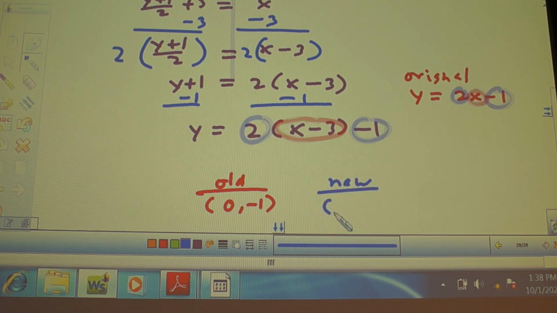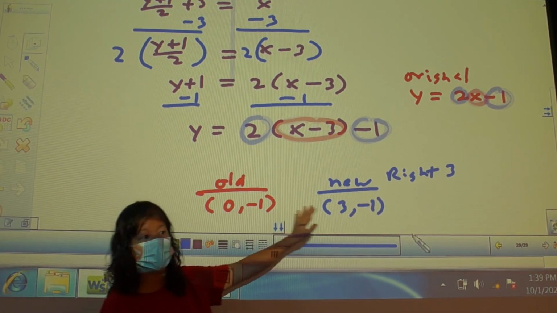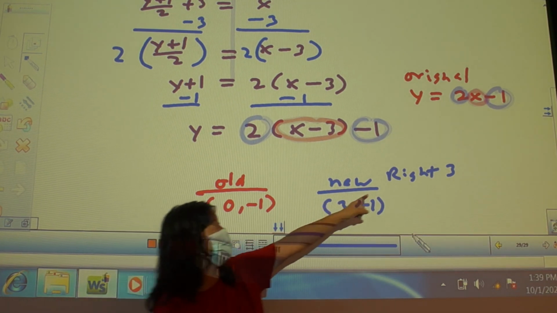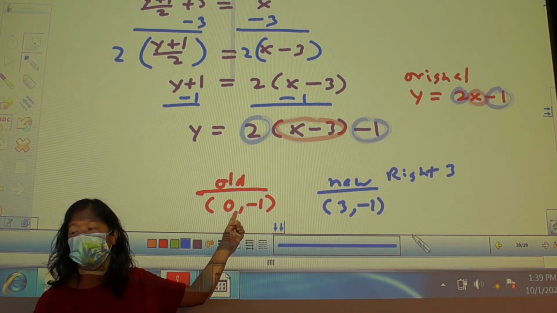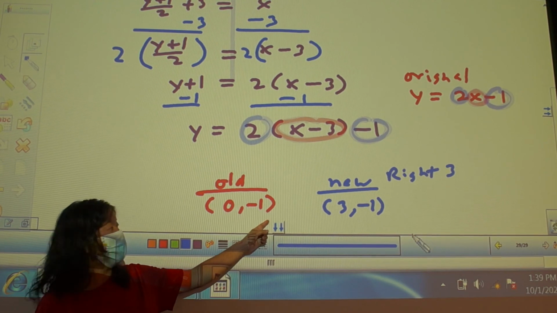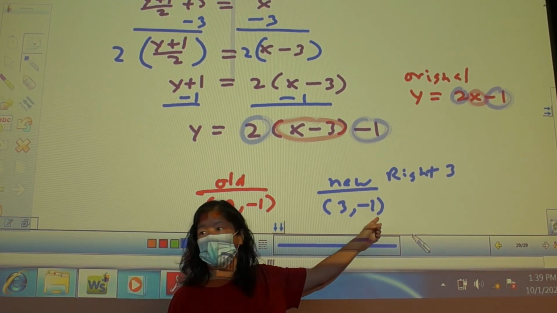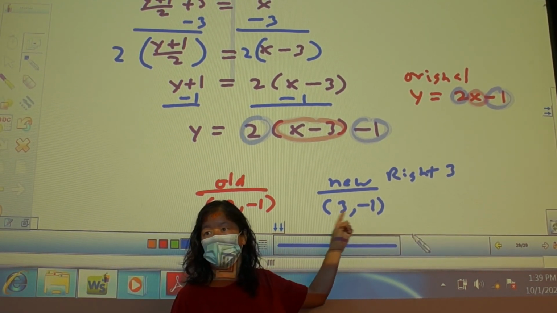If I go to the right 3, right 3 should be 3 comma negative 1. Do you guys understand what I'm saying? If I'm shifting to the right 3, my old one was 0, negative 1. My new one should be 3, negative 1. Everybody all right with that part?